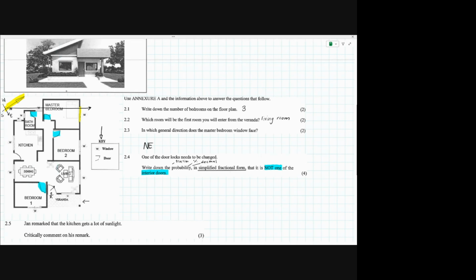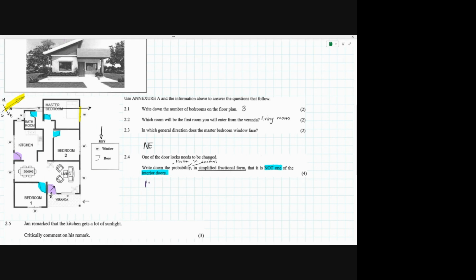I then can consider my exterior doors. Basically, that's what I'm looking for. If it's not an interior door, it has to be an exterior door. So we've got the door leading in from the outside to the kitchen, and as we said earlier, the door leading in from the veranda. So that means if it has to be not an interior door, it has to be an exterior door, and we only have 2 of those.